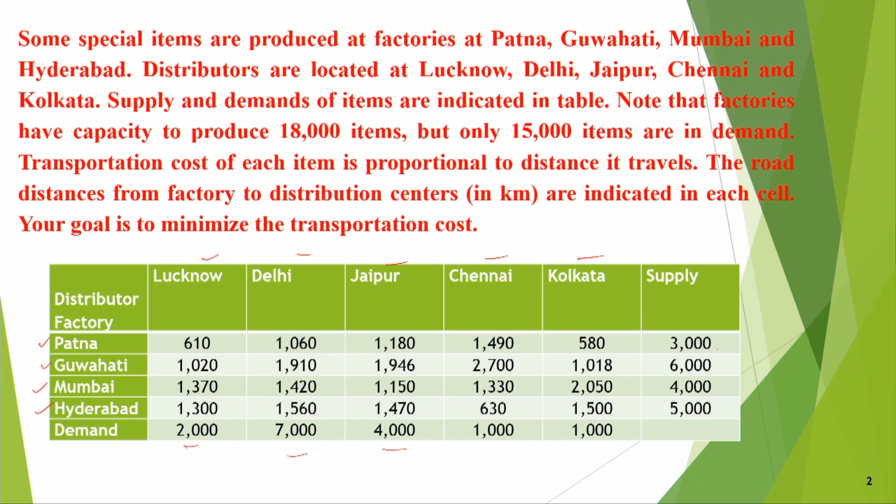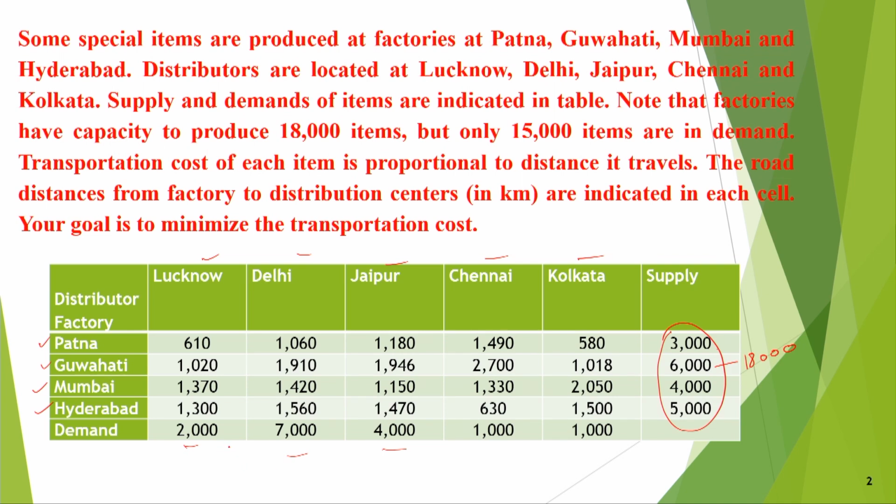Note that these factories have the capacity to produce 18,000 items. Capacity means supply: Patna can supply 3000, Guwahati can supply 6000. Together, in total, they can supply 18,000.